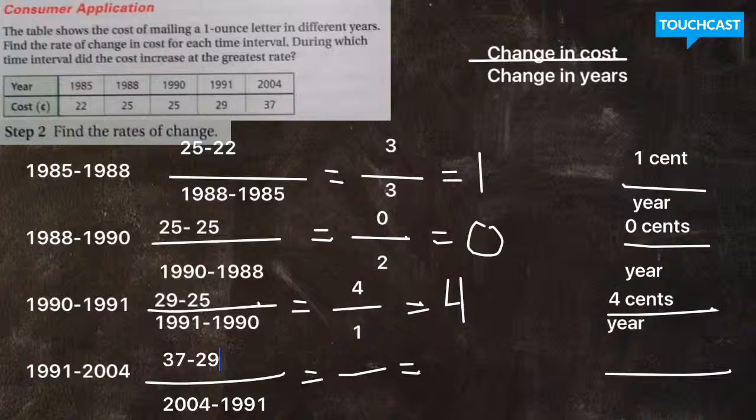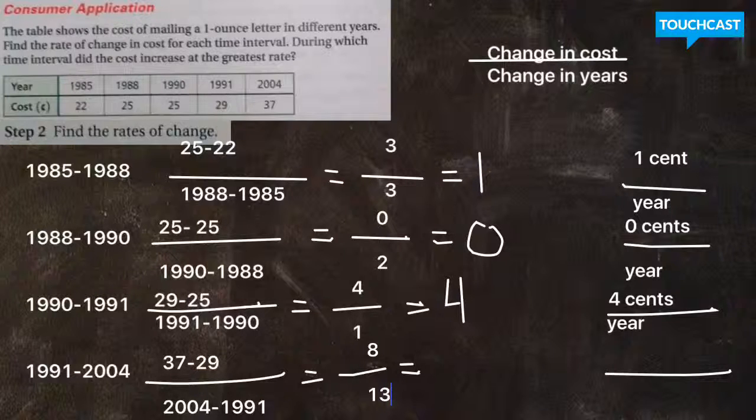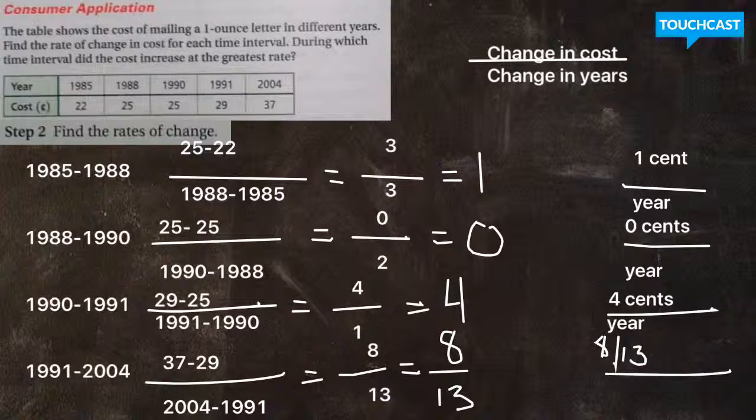Well, 37 take away 29, that's 8, over the difference in years. 2004 take away 1991 is 13 years. So we can call that 8 over 13, which means our rate of change was 8 over 13 cents per year.